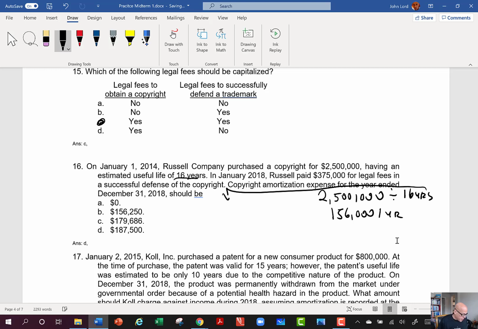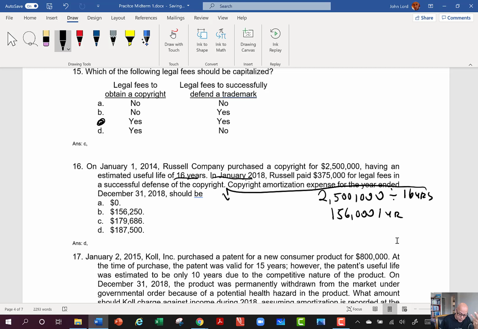And then I'm going to multiply that by the number of years that I had amortized up until the time that they had to pay these legal fees, because then I'm going to capitalize that and then amortize that remaining over the remaining useful life. So 250,000 and then it's 156,000 a year, and that's going to be what, all of 14, 15, 16, 17.